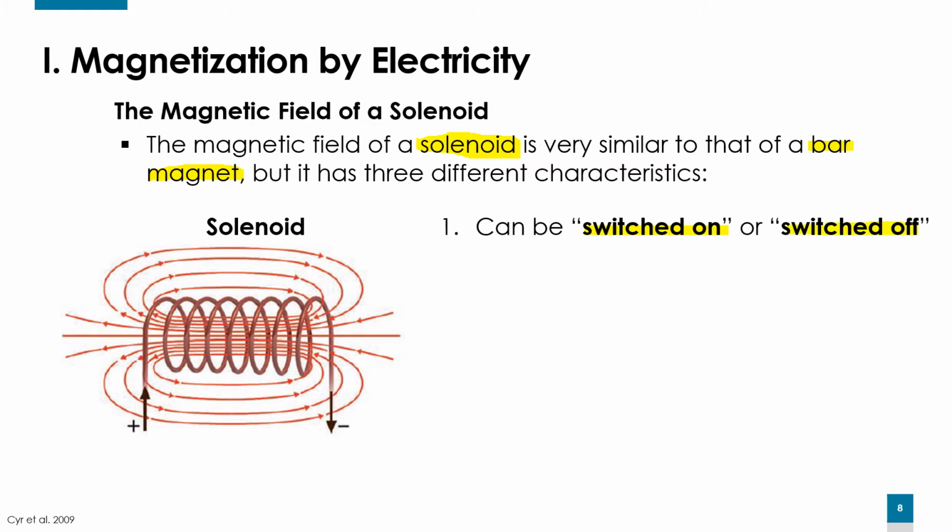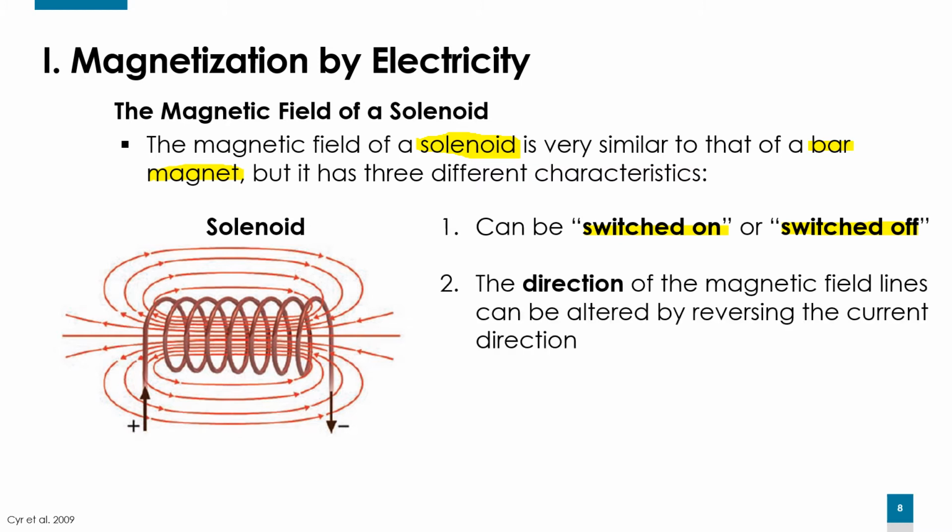If you remember from the previous lecture, a bar magnet is a strong magnet, but I cannot easily change its magnetic properties. But for a solenoid, I can. If I switch on the current, I have the magnetic field. If I switch off, I don't have it. So I can control the magnetic field in a solenoid. In the bar magnet, I can't.